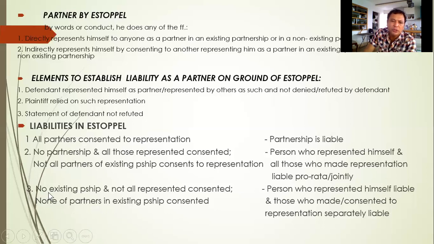Number three, estoppel happens when there is no existing partnership and not all represented have consented to the false representation. And none of the partners in the existing partnership consented. So there was no consent to the false representation that there is a partnership.